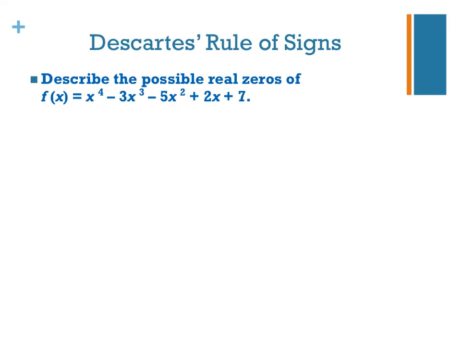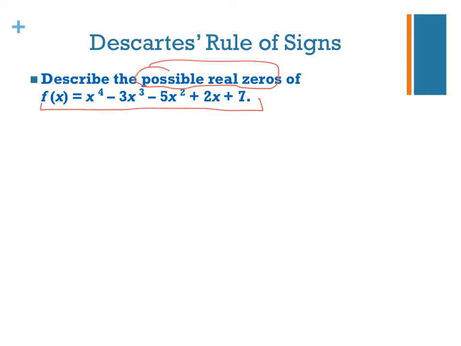Alright, so we are going to apply Descartes' rule of signs for this polynomial. It says describe the possible real zeros of the function f of x equals x to the fourth minus 3x cubed minus 5x squared plus 2x plus 7.